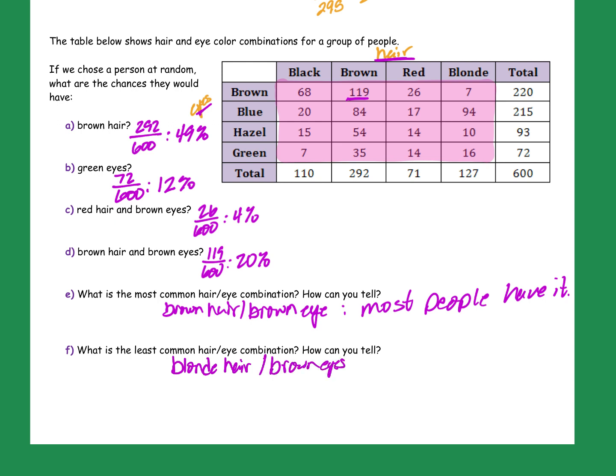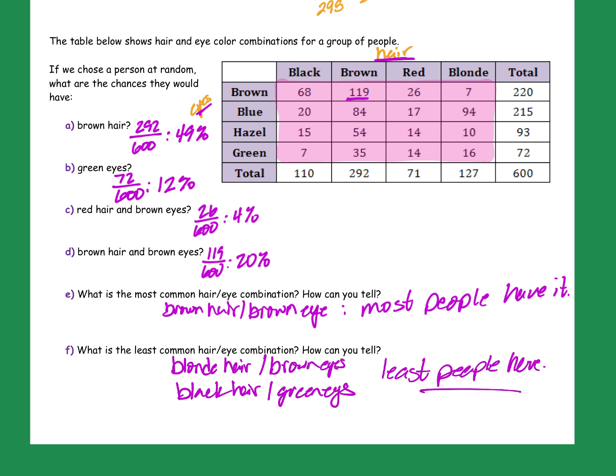Oh, I totally wrote that wrong, backwards. And then black hair, I wrote it wrong on my paper, and green eyes. Why? Because the least people have it, right? Okay? Does that make sense?